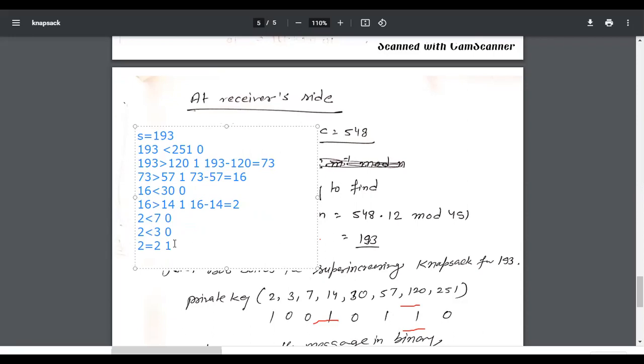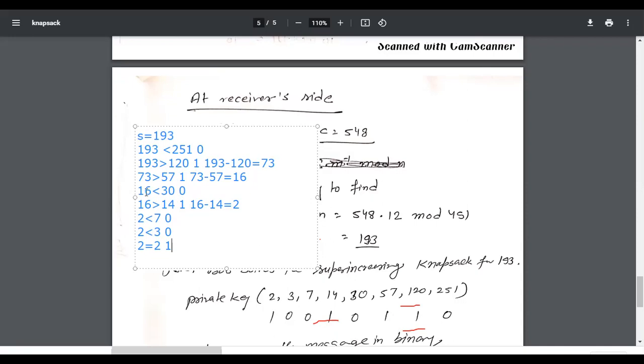So the bit value we get is 1 0 0 1 0 1 1 0. So this is the calculated plain text based on the given super increasing knapsack, that is the private key for the receiver.